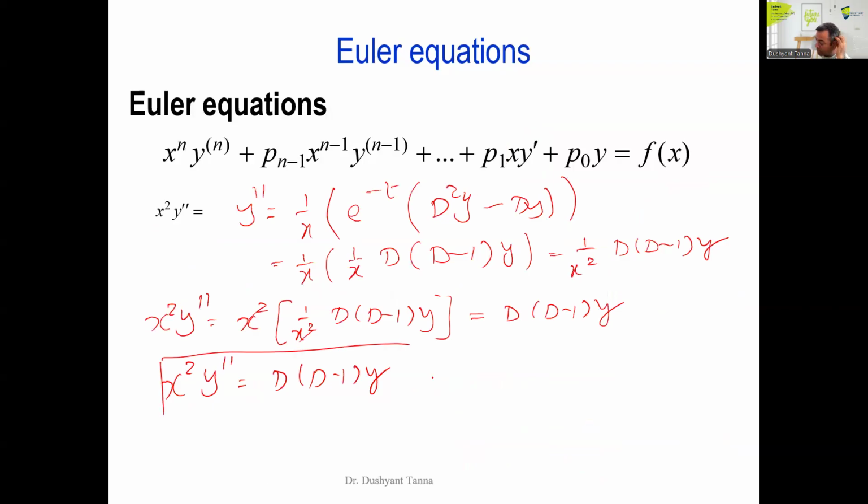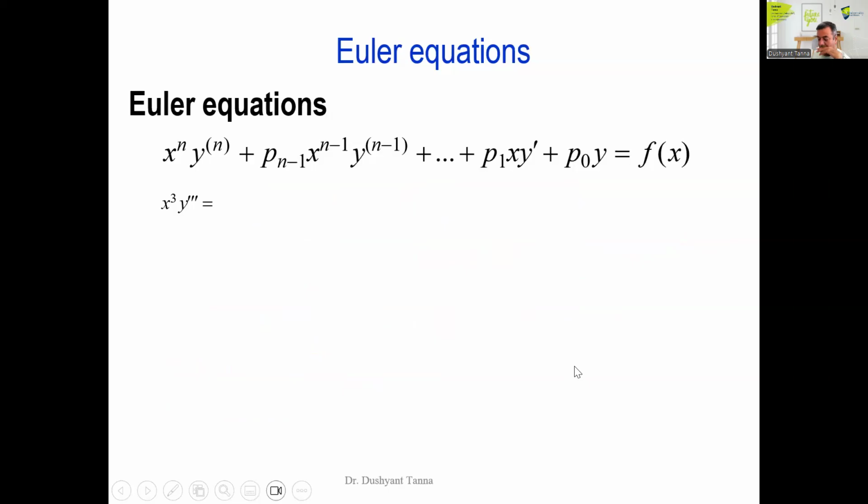With the x square, you got two terms, d minus 0, d minus 1. So everything less than that, right? Any guess with the cube? It should be d, d minus 1, d minus 2, right? Okay, so let's obtain it, right?